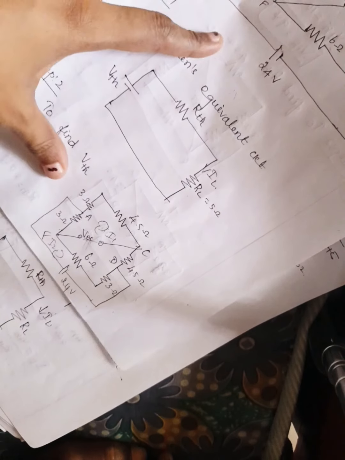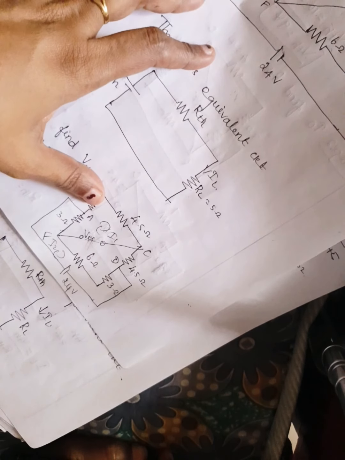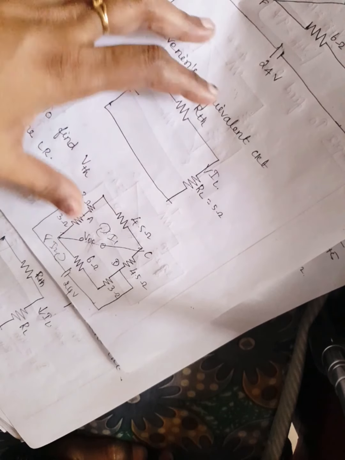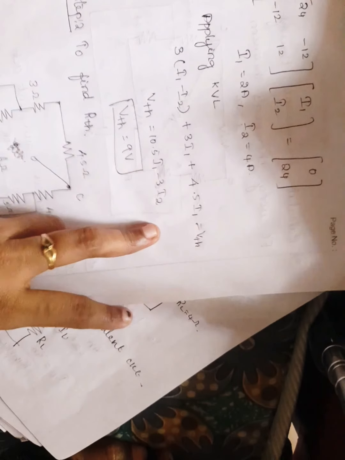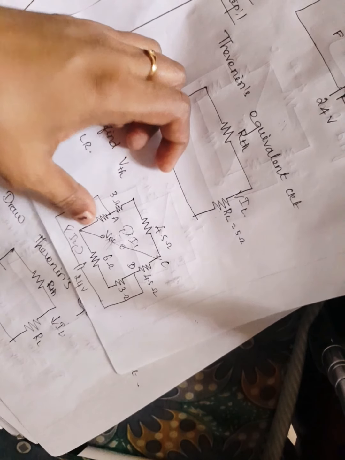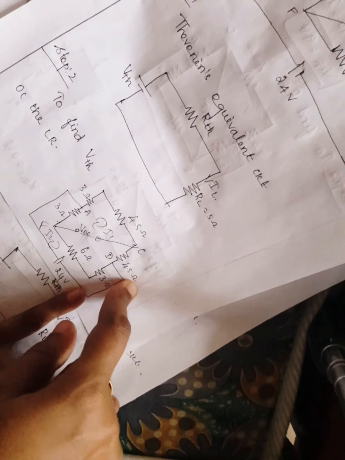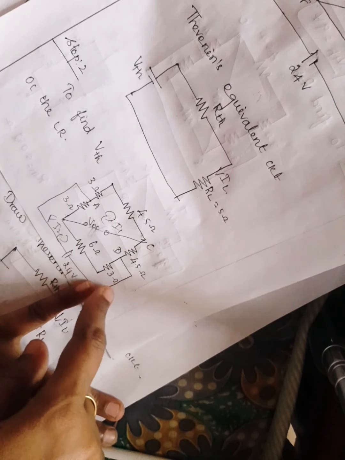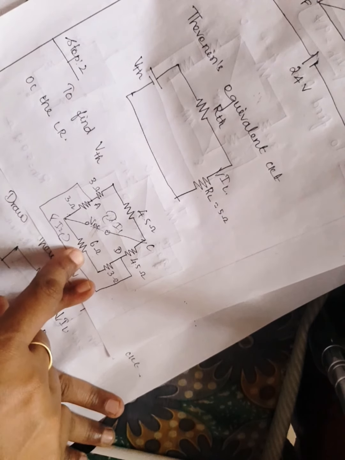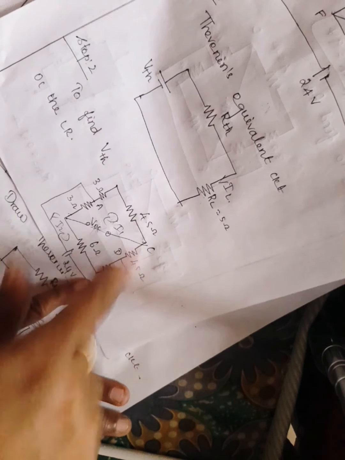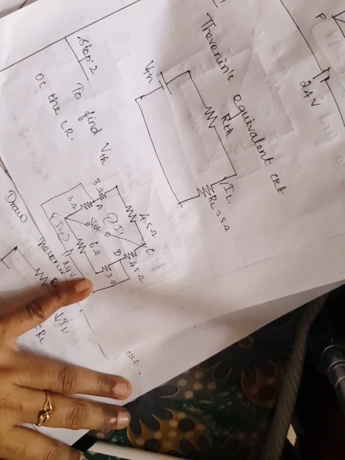So there are 2 loops. So in the first loop, what are the resistors? 3 plus 3, 6, 6 plus 6, 12, 12 plus 3, 15, then 4.5 plus 4.5, that is 9.